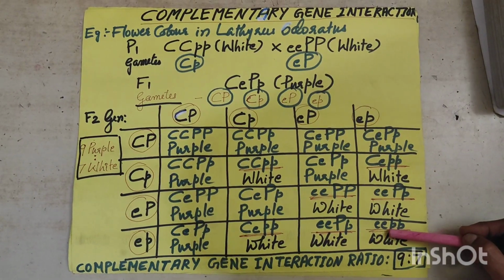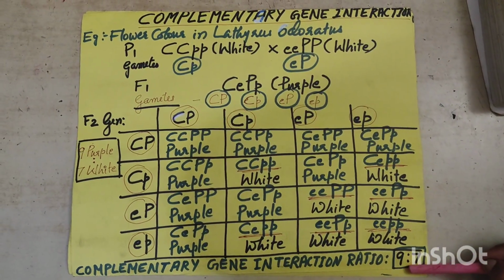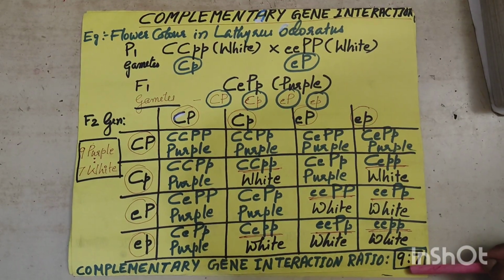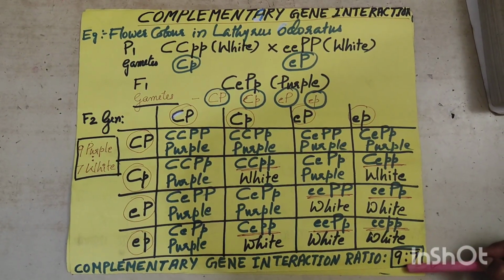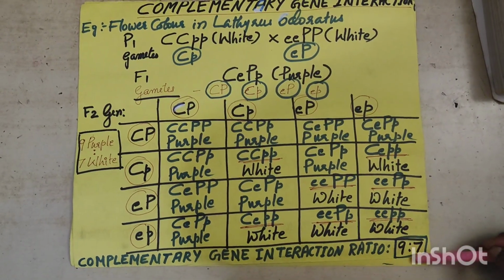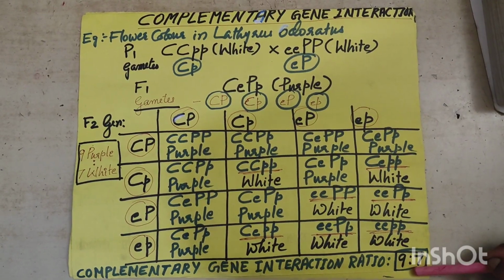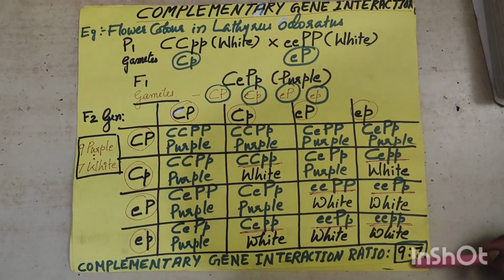Okay. So the complementary gene interaction ratio becomes 9:7. Here the F2 Mendelian ratio 9:3:3:1 is modified to 9:7. Okay. So hope you understood.